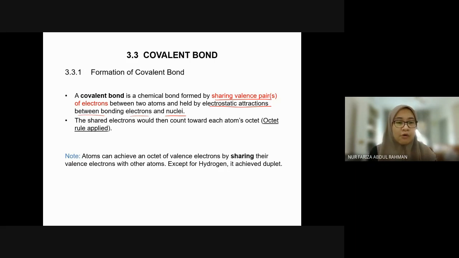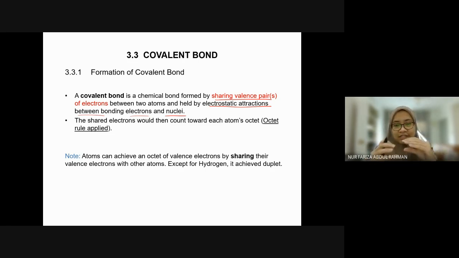Okay, alternative to ionic bond, we also have covalent bond. So covalent bond is also a way for atoms to achieve octet configuration. Covalent bond is formed by sharing the valence pair of electrons between the two atoms. They share the electrons in order for both of them to achieve the octet configuration.